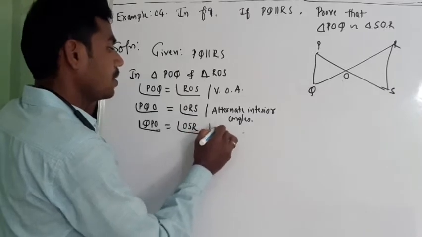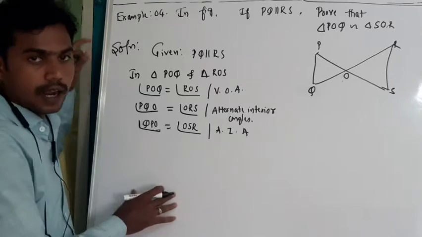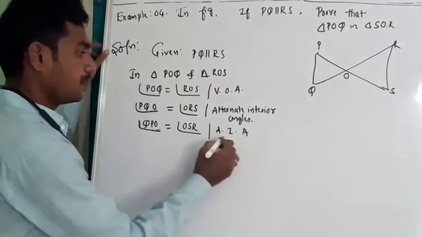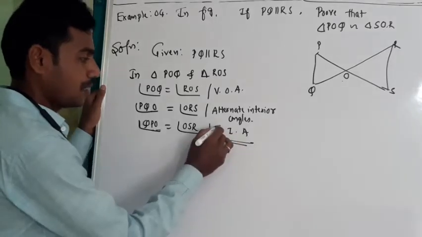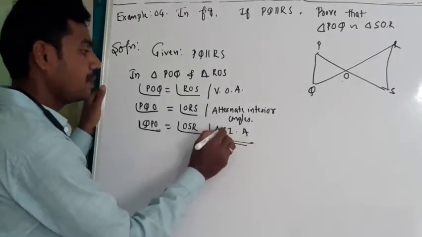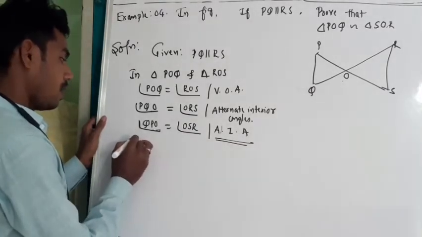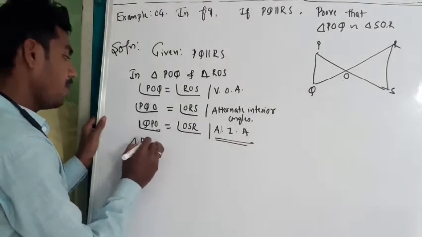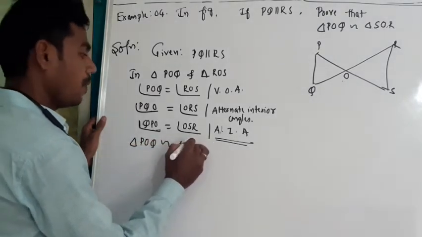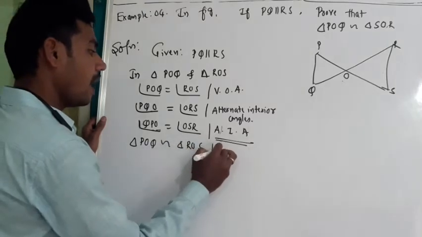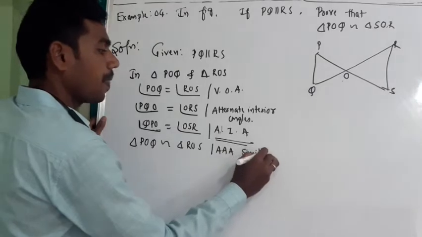This is also because of alternate interior angles. You should write alternate interior angles. Don't write like this; to reduce my time, I wrote this. Now therefore triangle POQ is similar to triangle ROS, because of the AA similarity criteria.